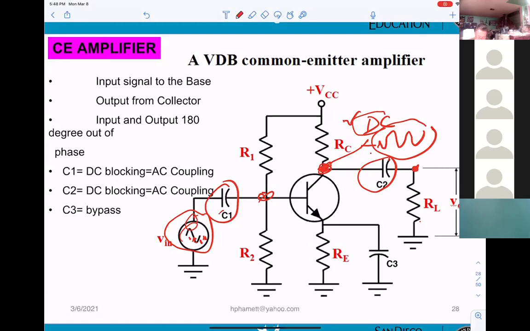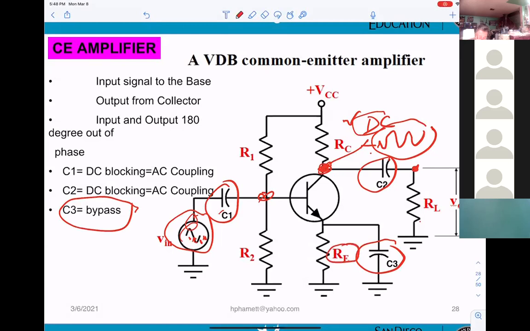And also this capacitor here, what is the name? Bypass. Okay, you don't have to memorize everything, but at least the minimum thing we must know. C3 they call a bypass capacitor right here. Bypass what? It will bypass this resistor.